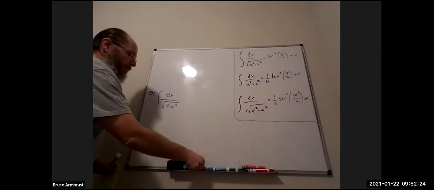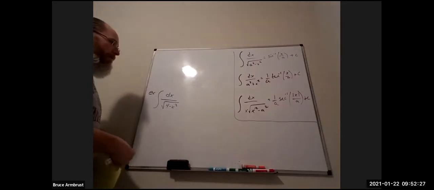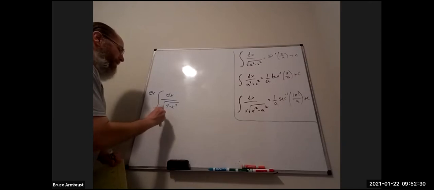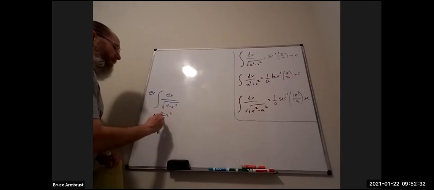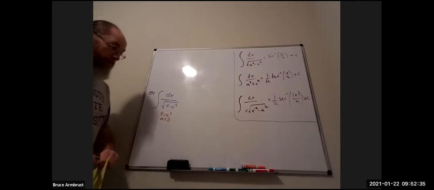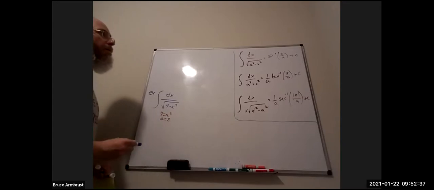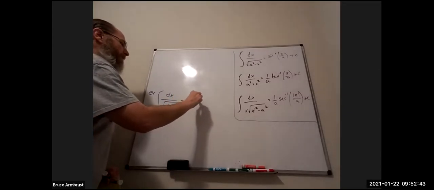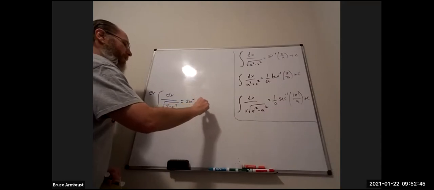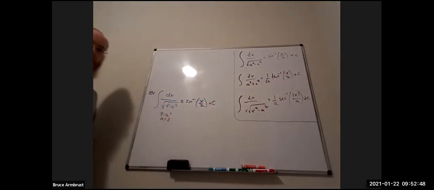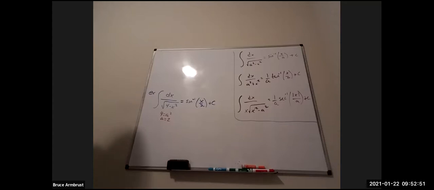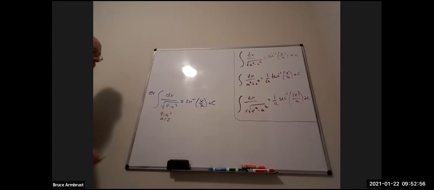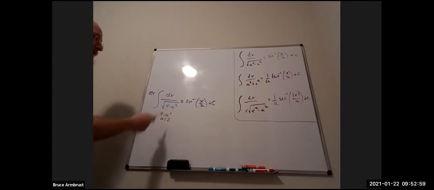So what I'm going to do here is write down below that the 4 is the a squared, so a is equal to 2. That means the antiderivative of this is the inverse sine of x over 2 plus c. All right, well, there you go.